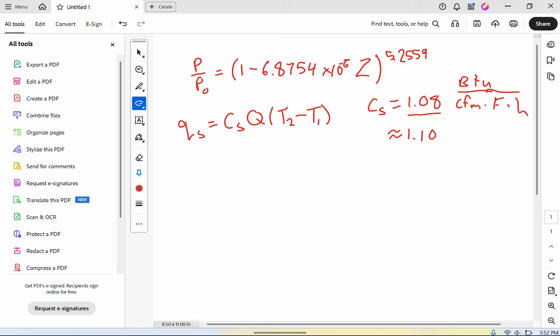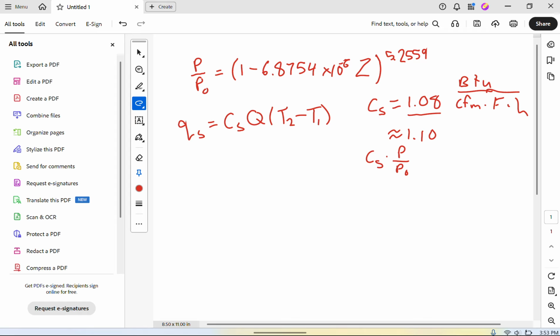Now again, this is still going to change a little bit further as you use your altitude adjustment. So with our altitude adjustment, we can change this value basically by just multiplying by our P over P0.